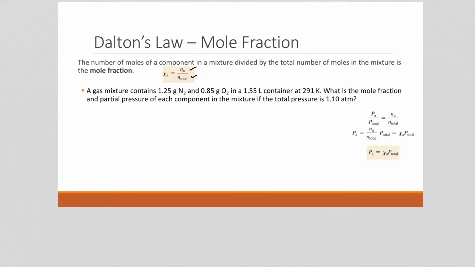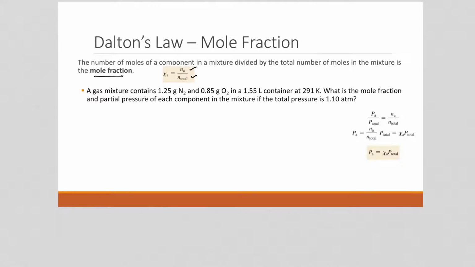So the pressure of gas A over the total pressure is the same as the moles of A over the total moles. So if 60% of the moles are coming from gas A, then 60% of the pressure will come from gas A. And so, if I want to calculate the individual pressure, it's going to be what we call the mole fraction times the total pressure.